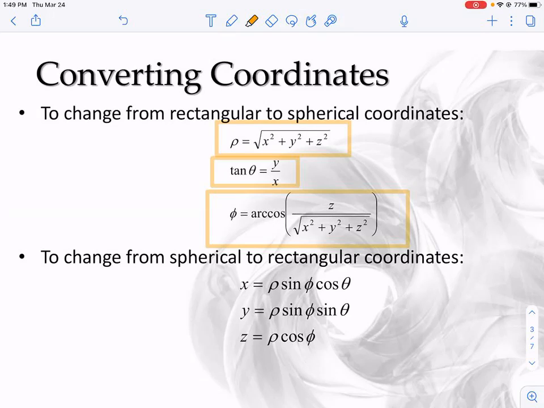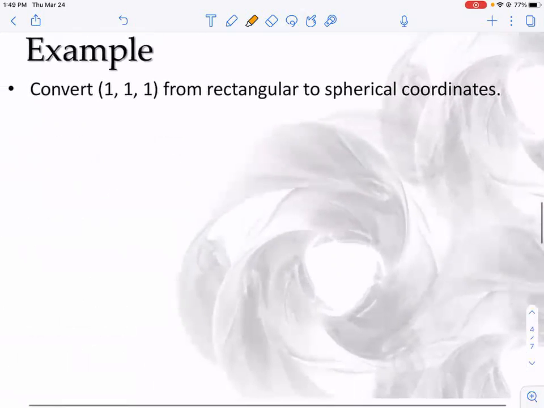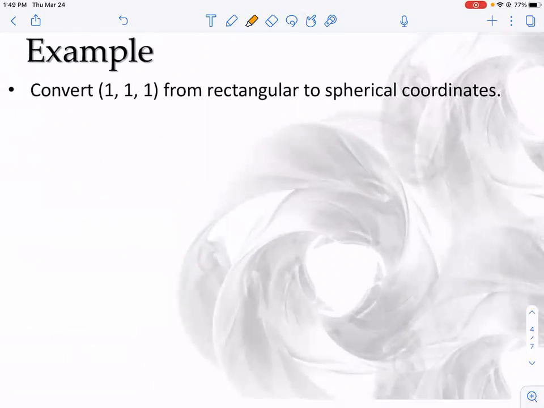Ready? Okay, so we're going to do the same thing where we just convert back. We're going to convert 1, 1, 1 from rectangular to spherical.